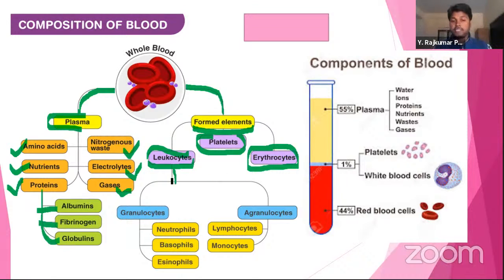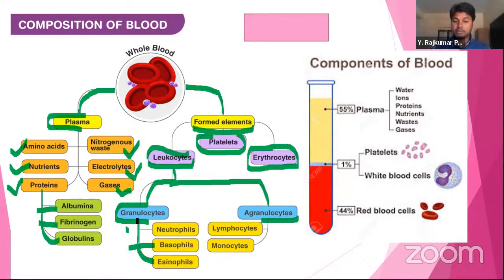This WBC can be classified into two types according to existence of the granules in them. If the granules are present, they are called granulocytes. If the granules are absent, they are called agranulocytes. Granulocytes can again be classified into three types: neutrophils, basophils, and eosinophils. Under the agranulocytes, we study about the lymphocytes and monocytes.